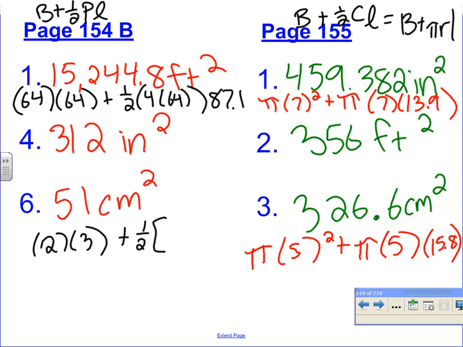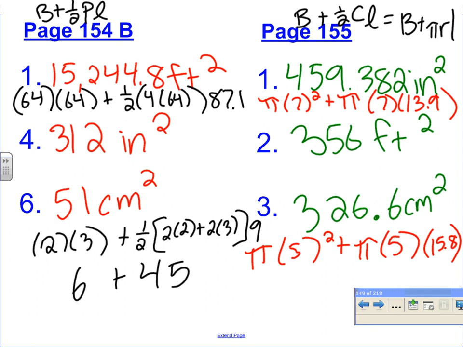Perimeter is 2 plus 2 plus 3 plus 3, or 2 times 2 plus 2 times 3, all times the slant height, which is 9. Did you have that? Oh, you forgot to square root your slant height. That's probably where most mistakes are made. So just make sure you find the exact slant height. Go ahead.